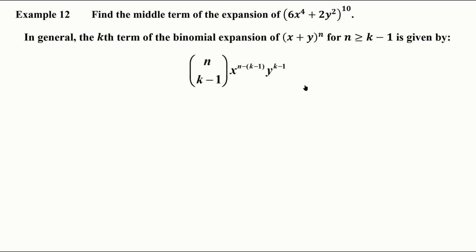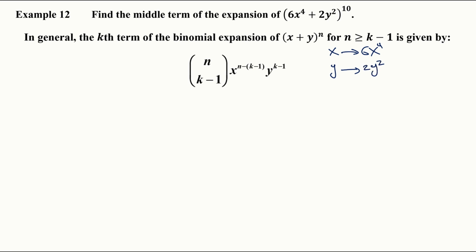We need to be careful because we're going to use a different expression for x and a different one for y. Where we see x, we replace it with 6x to the 4, and where we see y, we replace it with 2y squared.